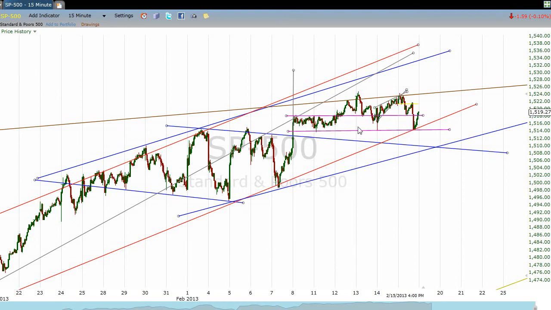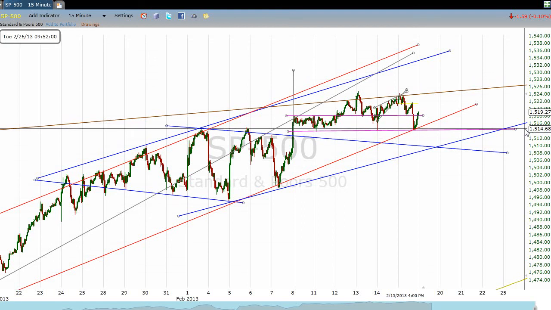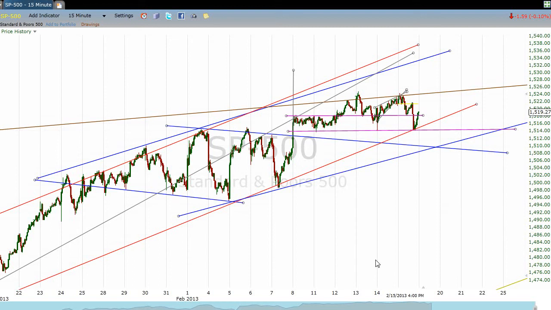This line is new. This appears to be a horizontal or nearly horizontal support line that is at roughly 1514 and small change. I think that's kind of interesting because we've had 3 attempts at this line and it's held. So you might say, well, Jim, that would be a little bullish.